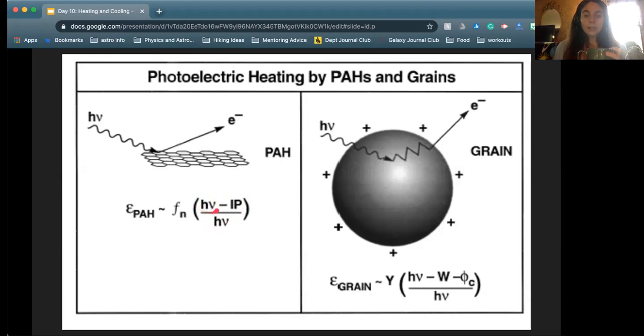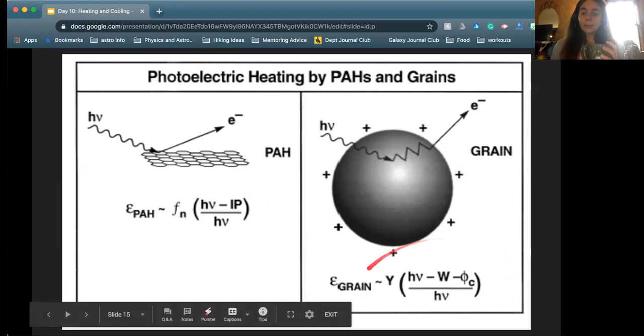So the energy of the light that was absorbed minus the ionization potential of the PAH is going to be equal to the kinetic energy of the electron, divided by the energy of the light absorbed. This tells you how much of that radiation energy was converted into kinetic energy heating the ISM. So how good is a PAH at increasing the temperature? It looks at how much radiation energy is going to be turned into kinetic energy.